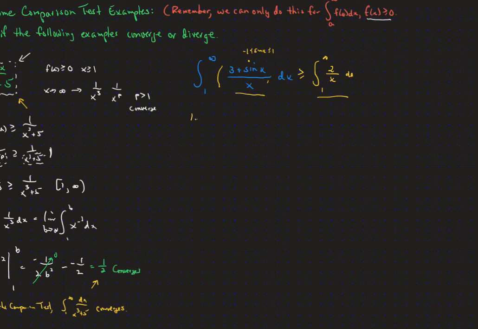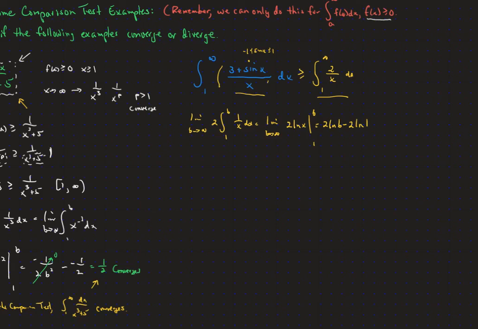So I'm going to say the limit as b goes to infinity, and I'm going to call that 2 times the integral from 1 to b of 1 over x dx, so I'm going to say the limit as b goes to infinity of 2 natural log of x going from 1 to b, which will be 2 natural log b minus 2 natural log 1.